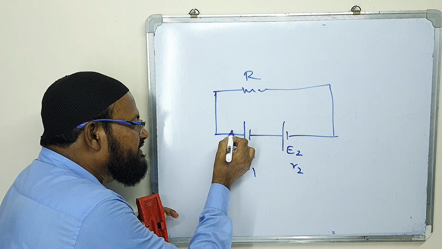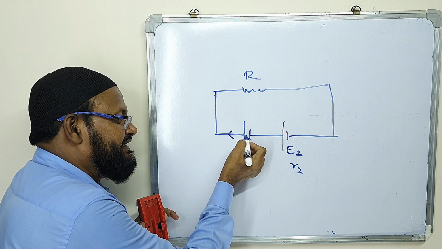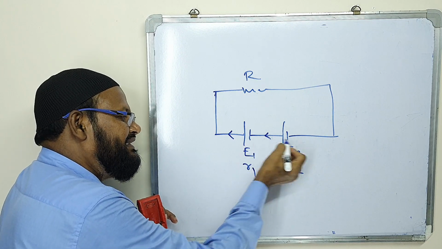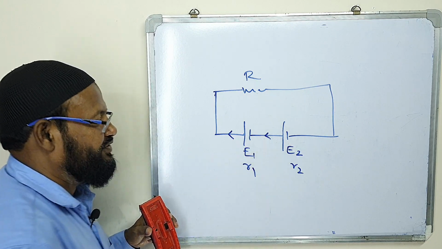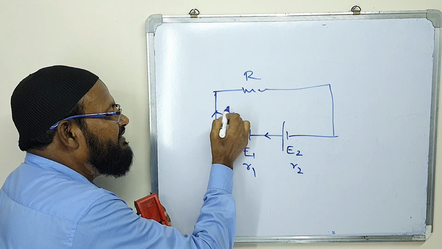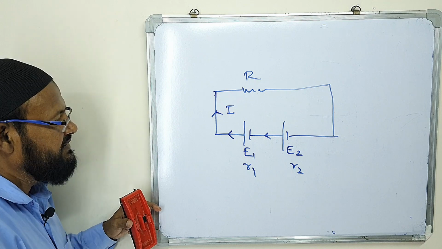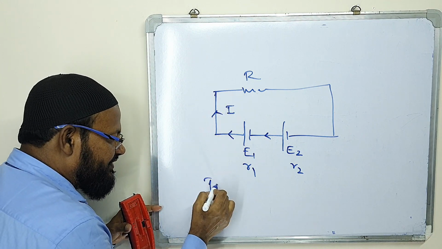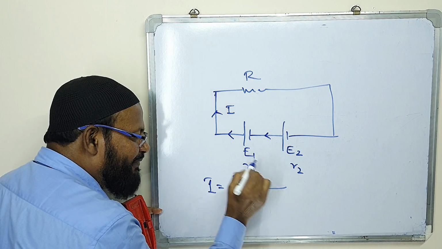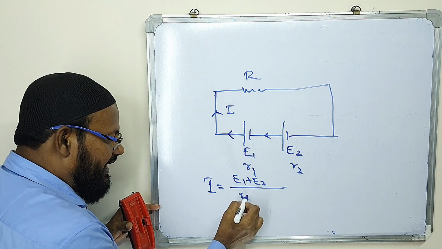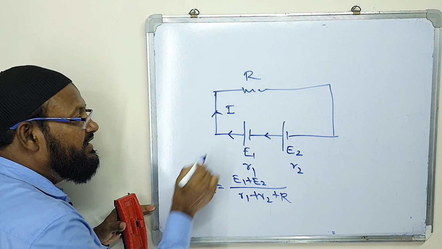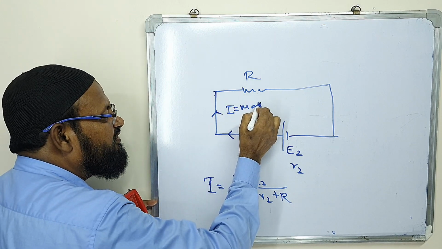What is the rule? This cell will send current in this direction, and this cell will send current in this direction. They have the same direction of current. In this case, two cells are helping each other. What is the formula of I? Sir, the formula of I is E1 plus E2 divided by R plus R1 plus R2. This is the formula of main current.